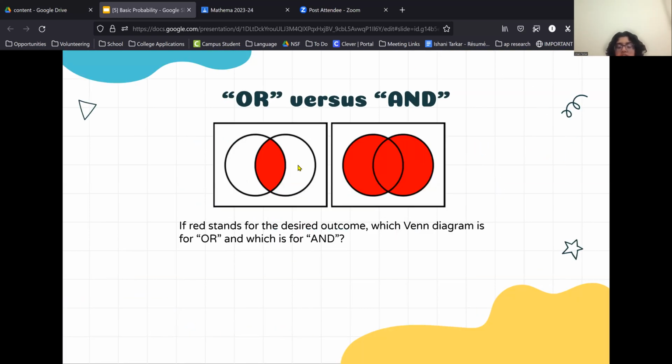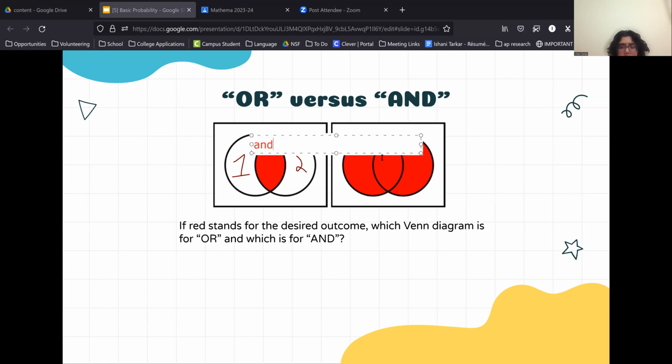So a Venn diagram can help show that. So in a Venn diagram, if we were to use and, like event 1 and event 2, right? Okay, my computer is laggy, so sorry about that. So this would be and, whereas for the other one, it would be or, right?